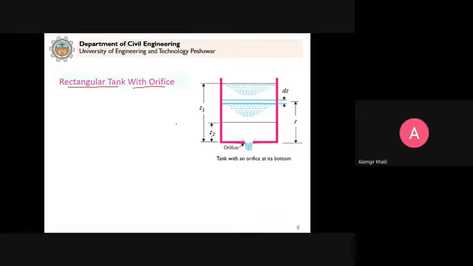Now here we take one case. For this rectangular tank, it means that the cross section is constant. Let's say this is length by width of this cross section, so this is the surface area, which is denoted by As. If you look to the top, this is the water tank.